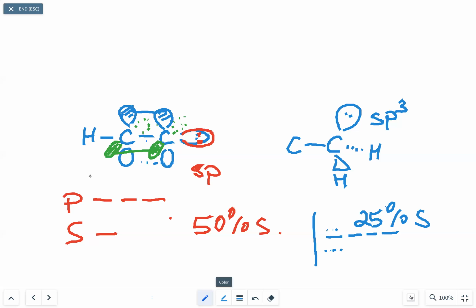If you're mixing an s and a p here, the hybrid orbitals would be lower in energy than where the sp3s are. So your textbooks describe this basically as, are the electrons in a lower orbital with regard to energy or higher?